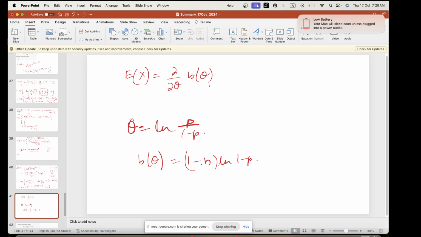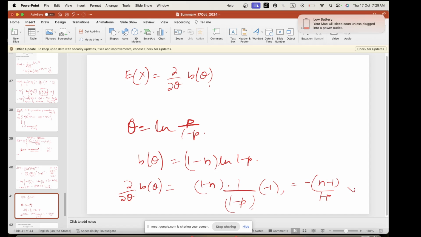So d by d theta of b theta would be n into 1 by (1 minus p) into minus 1. So that would be minus n by (1 minus p). So this is not matching actually.